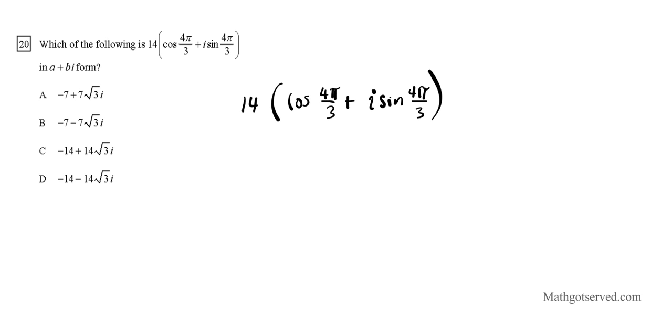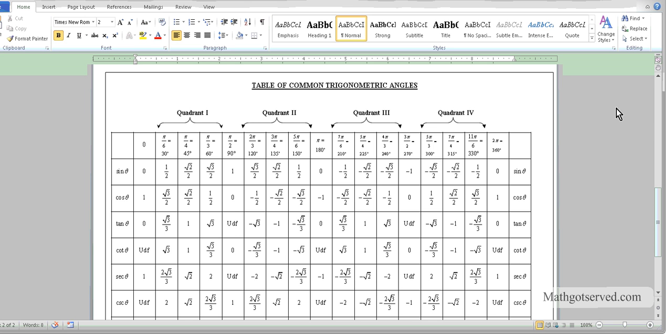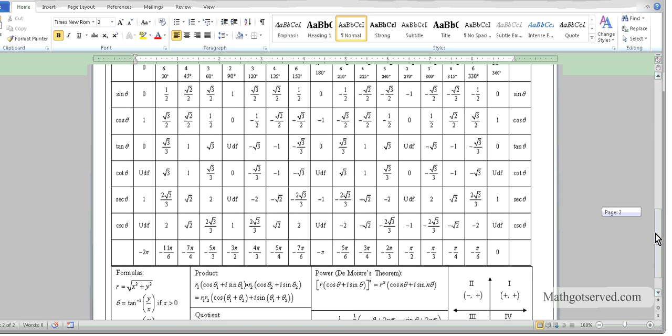So let's bring down the 14. Now 14 times cosine 4 pi over 3. Actually, we can just use our table of trig ratios to do that. So cosine and sine of 4 pi over 3.